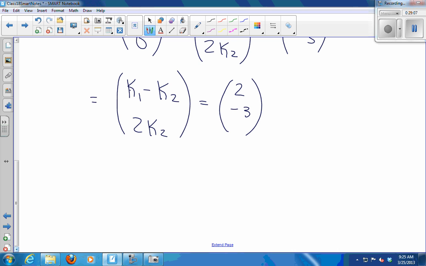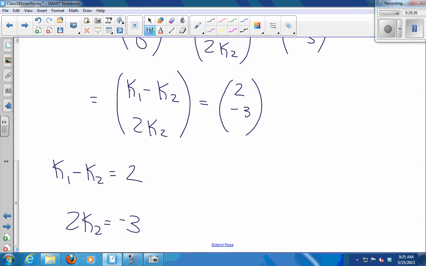And then for two vectors to be equal, their components have to all be equal. So I have two equations. I have k1 minus k2 has to be 2, and 2k2 has to be -3. And now we just have a simple system of equations to solve, right?